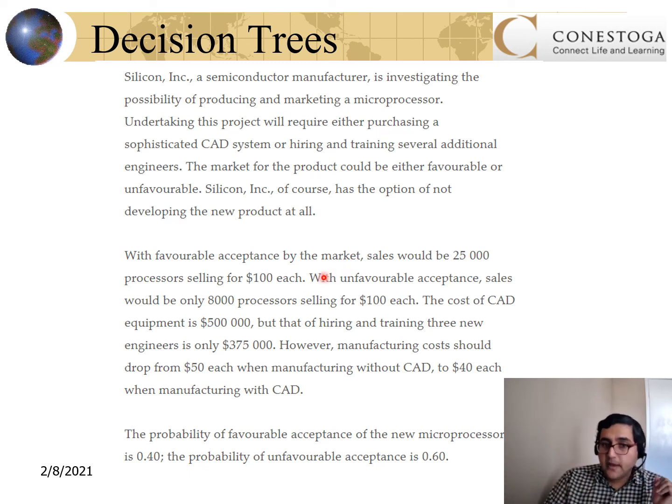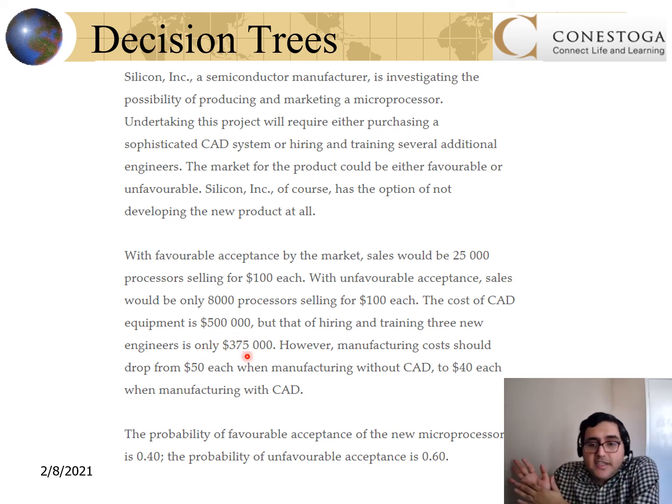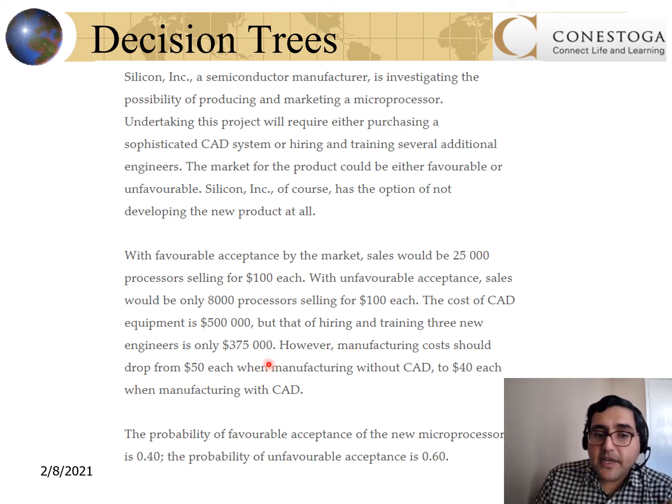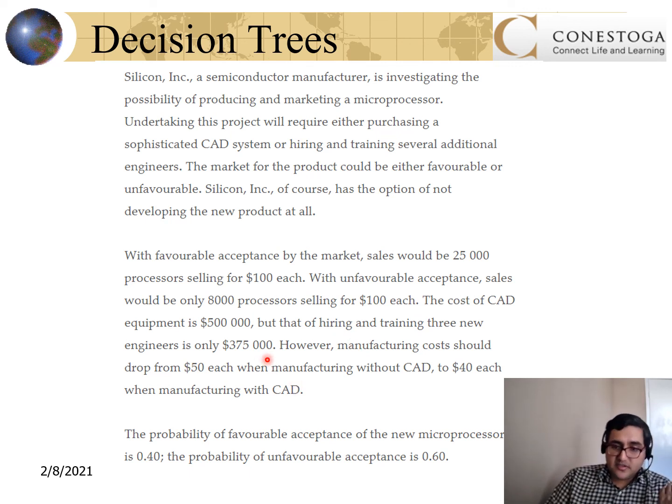Which one is better? What's mentioned here is, if the market conditions are good, how much will your revenue be? If the market condition is not good, how much will your revenue be? It also mentions the software is going to cost 500,000, whereas hiring the engineers might be 375,000. With this statement, it looks like it may be better to go with engineers because the cost is lesser.